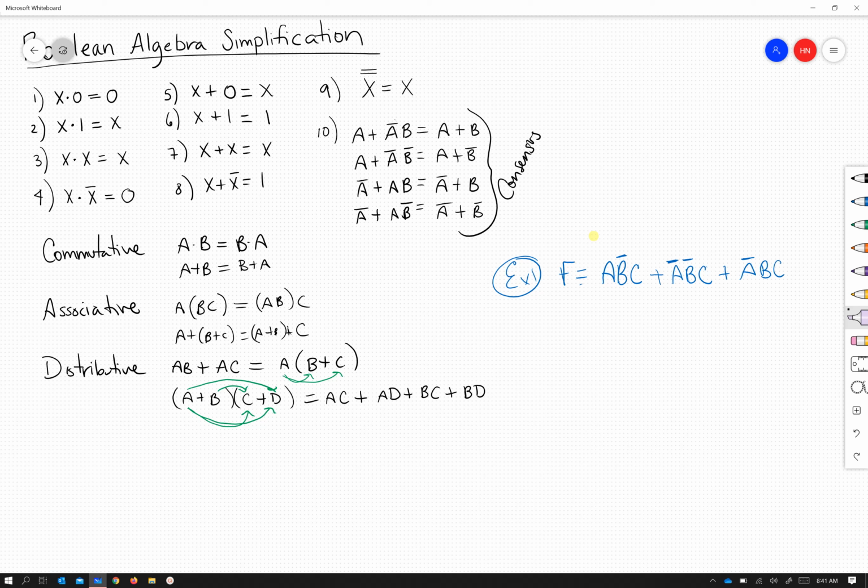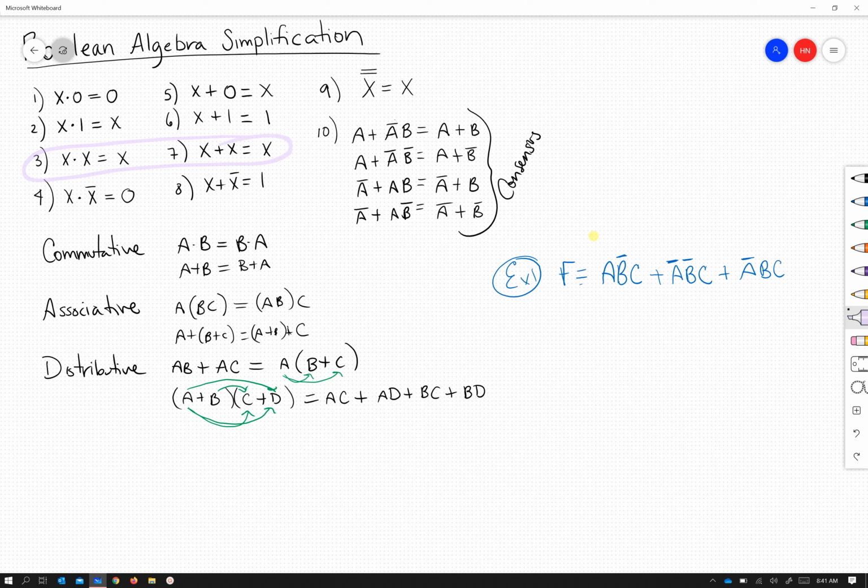The first thing to look for is a 0, because if you see a 0 in the equation, you know you can use rule 1 or rule 5. The other thing to look for is ones. If there's a 1 in the equation somewhere, you can use rule 2 or rule 6. Then look for doubles.